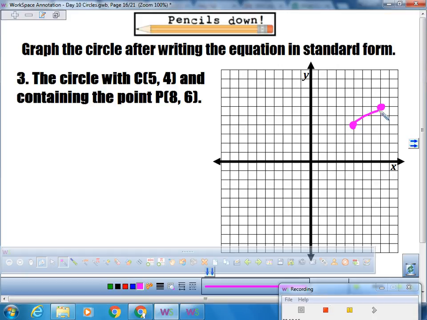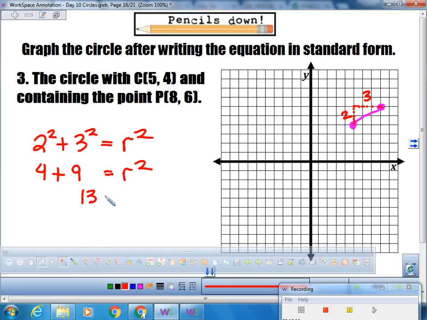So in order to figure out my radius, the distance of my radius, I'm going to go up 2 over 3. So up 2 over 3 is going to be 2 squared plus 3 squared equals r squared. 4 plus 9 equals r squared.